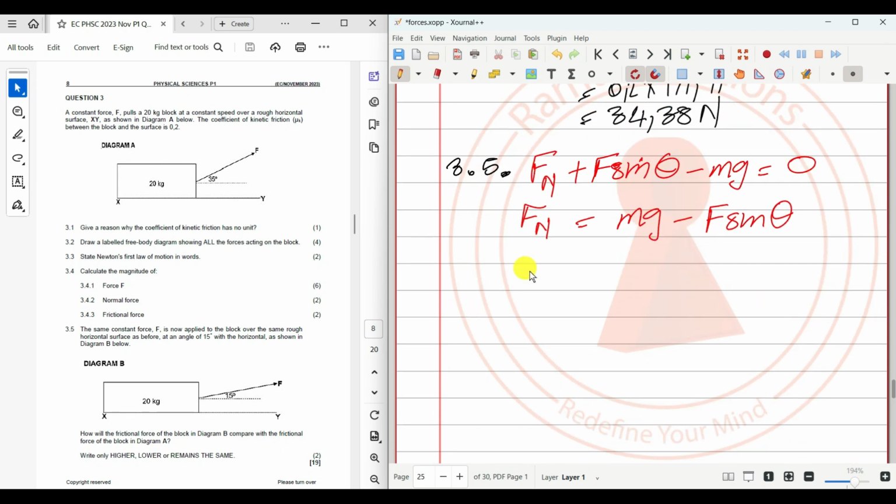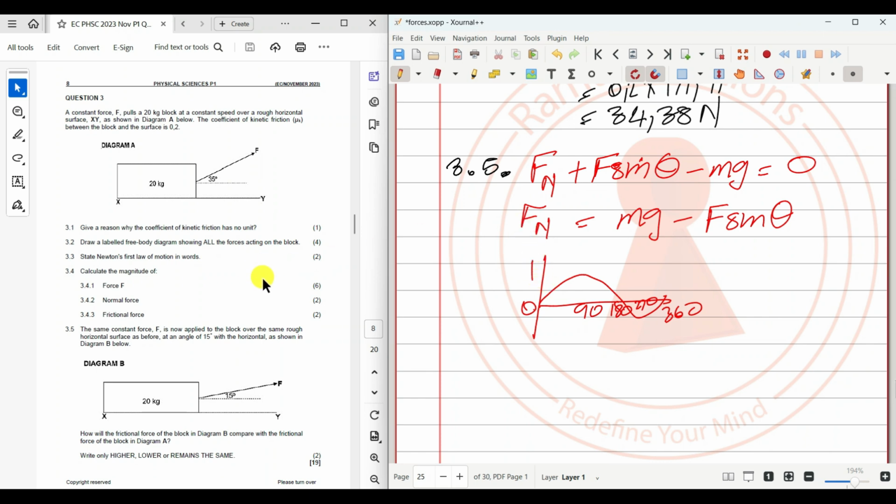Now, check what your sine graph looks like. Your sine graph looks like this. This is your 90, 180, 270, 360. However, we are interested in the 0 to 90.